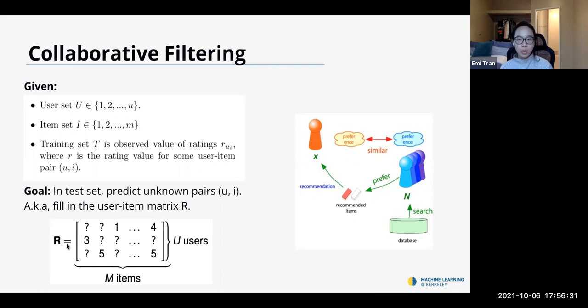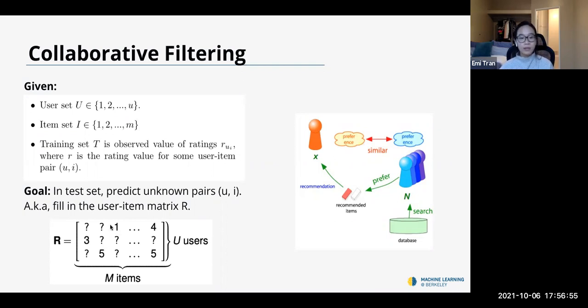Now you're in the real world and you have a lot of blank spots, a lot of question marks in the matrix. So the matrix is sparse at the beginning because you have a lot of missing data, and you try to figure out what that missing data is.